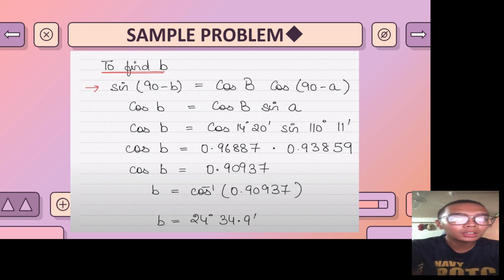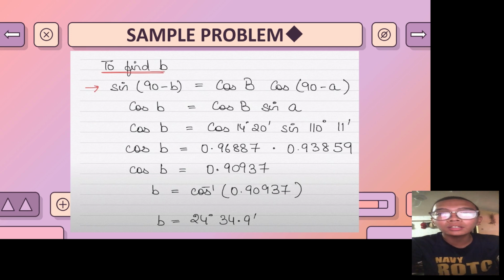Cosine B is equal to the cosine of 14 degrees 20 minutes, which is 0.96887, multiplied by the sine of 110 degrees 11 minutes, which is 0.93859.